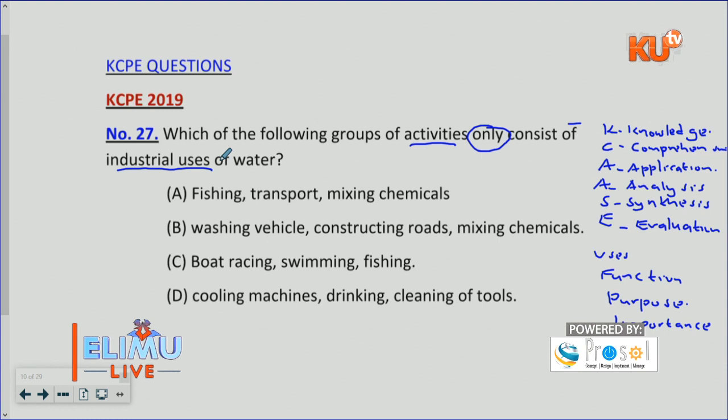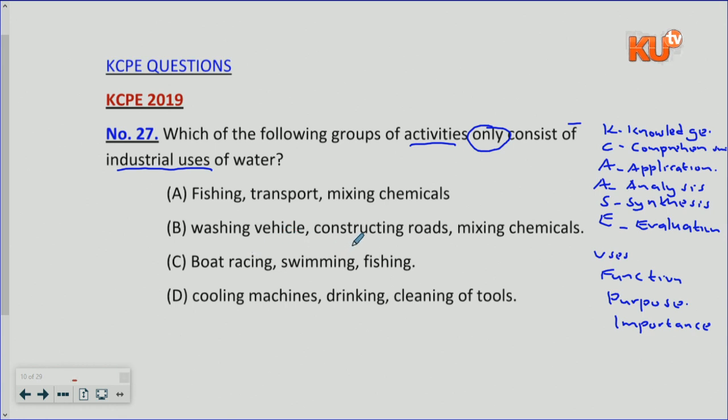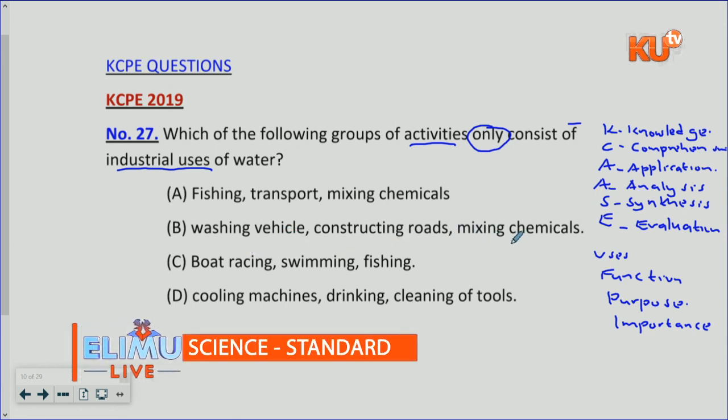Industrial uses of water. And then if you look at choice A, they said fishing, transport, mixing chemicals. Choice B, they wrote washing vehicle, constructing roads, and then you have got mixing chemicals. Choice C, they placed there boat racing, swimming, fishing.